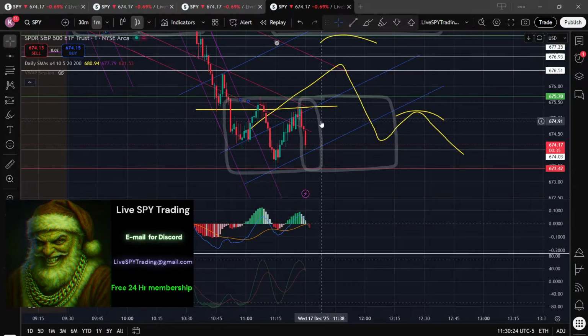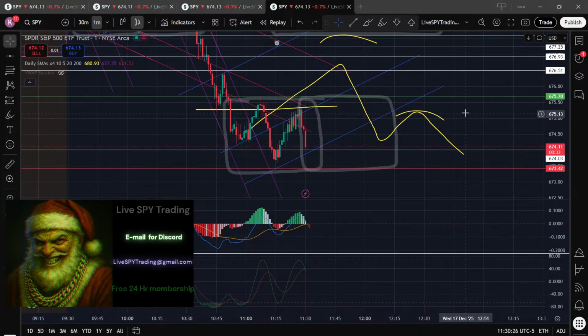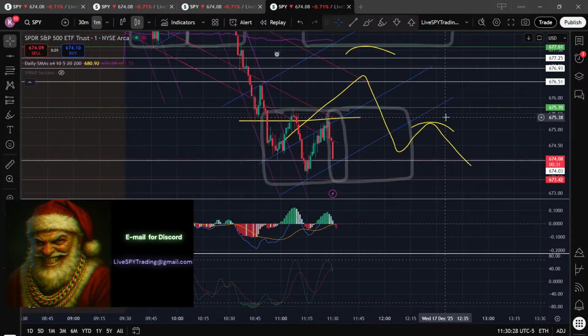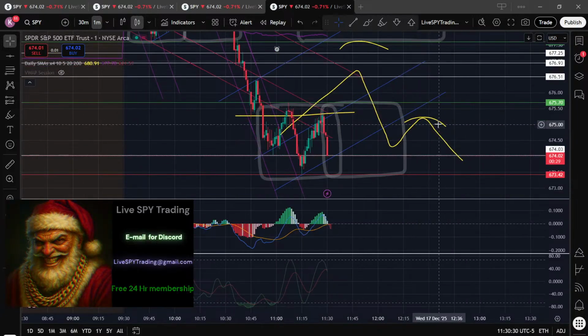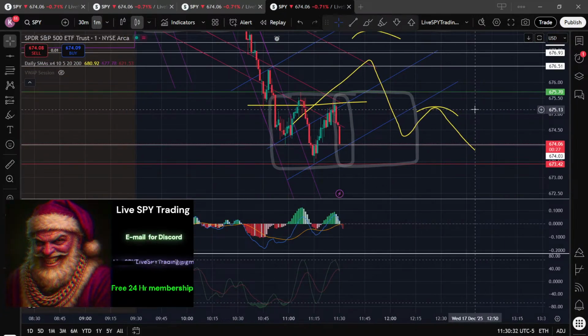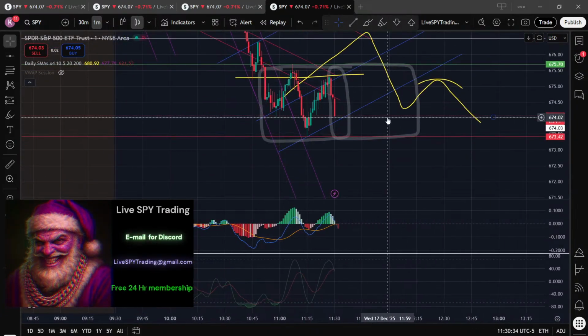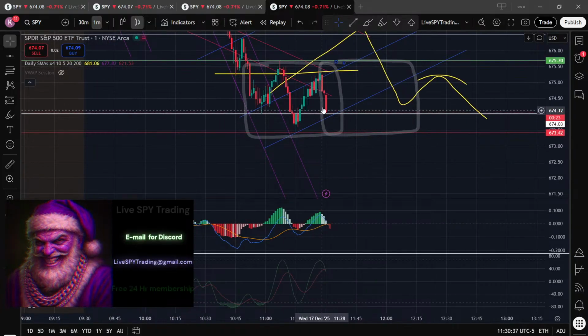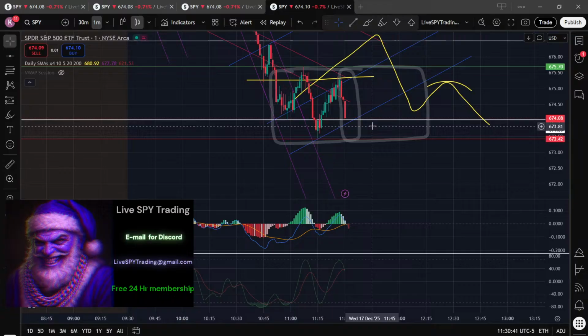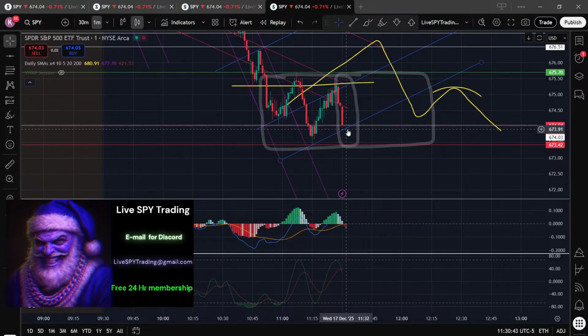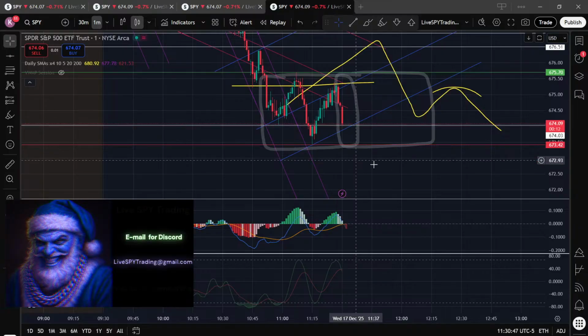Let's see if we're back in one of these scenarios. Again, this blue to low of day. Risk to reward, you gotta measure it. If it breaks the blue, that's technically our put scenario, but low of day is right here.